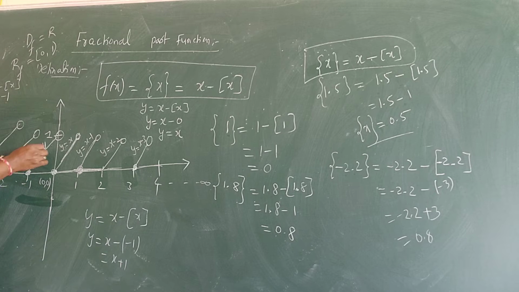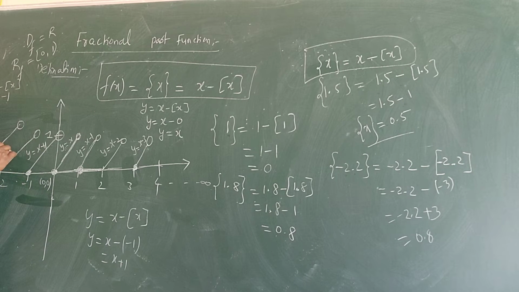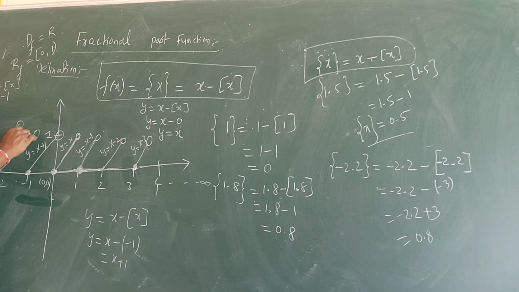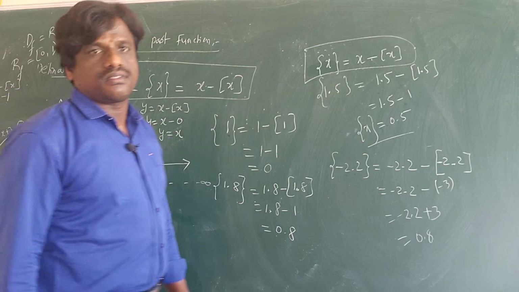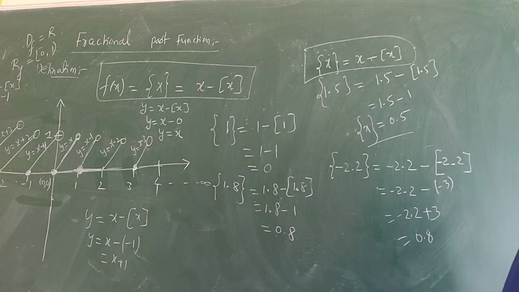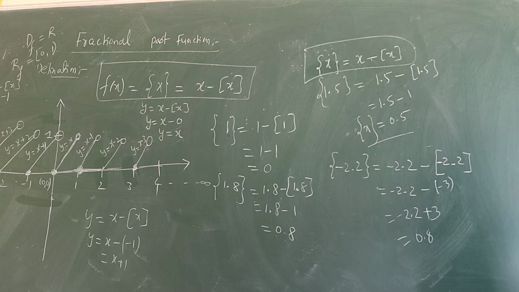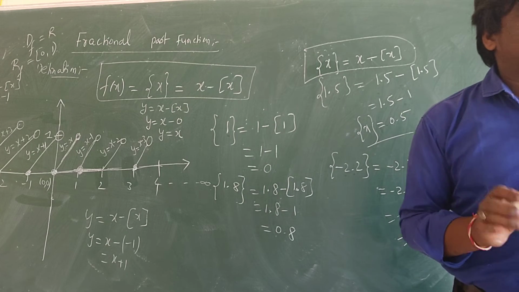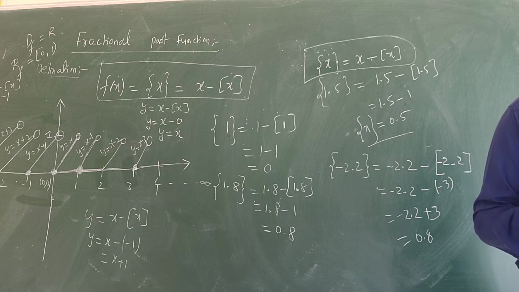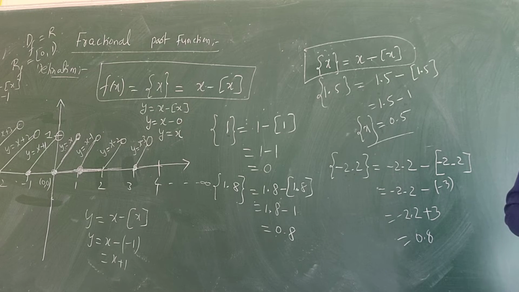So this side you get y is equal to x plus 1, this side y is equal to x plus 2, and this side y is equal to x plus 3. This is the graph of the fractional part of x. The domain, which is given on the number line, is R. The range is the part occupied on the y-axis. Is it clear to all? Note down.